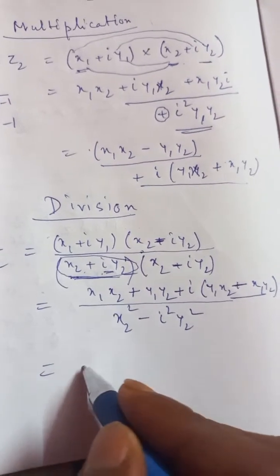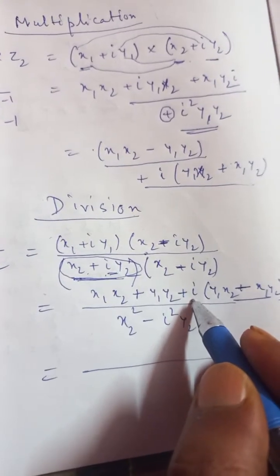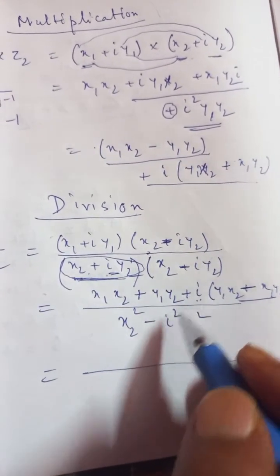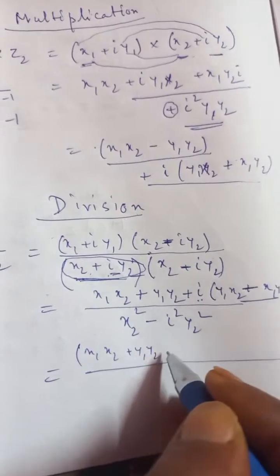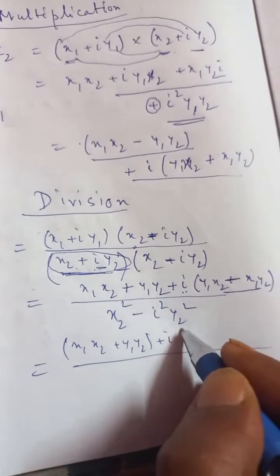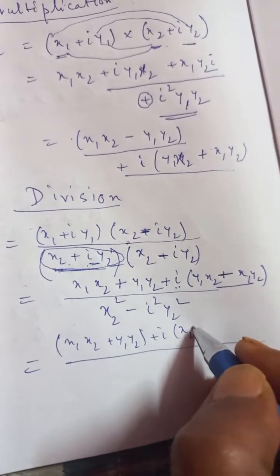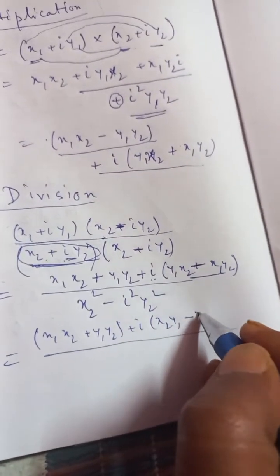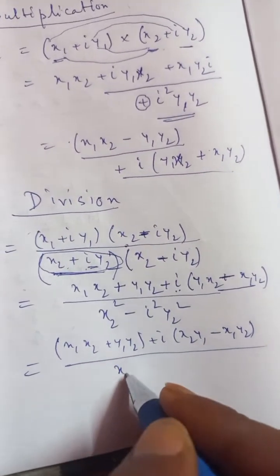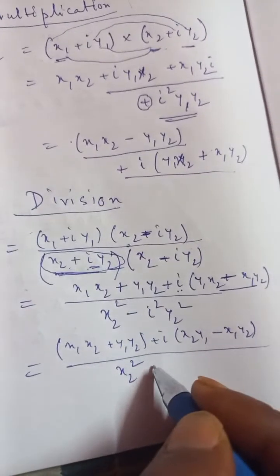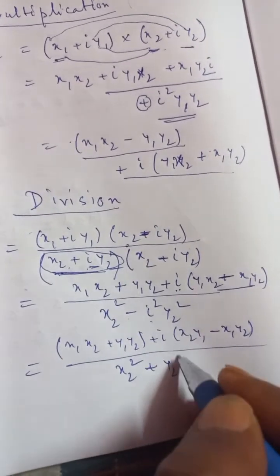So the numerator remains a complex number, and iota remains, so it will be x1 x2 plus y1 y2, plus iota times (x2 y1 minus x1 y2), and the new denominator will be x2 whole square, minus iota square, so plus y2 whole square.